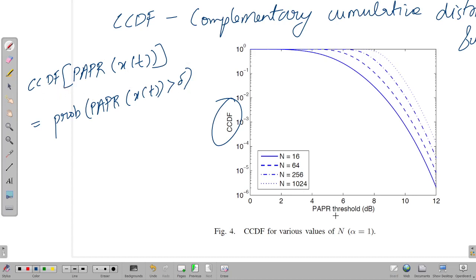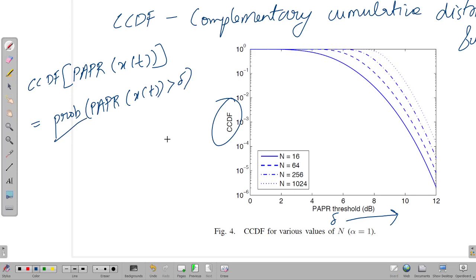So in this plot, on the x-axis you have different values from 0 to 4 up to 12, and on the y-axis you can see the CCDF function, which is nothing but the probability.